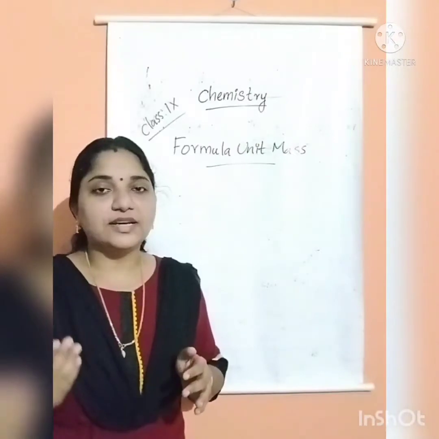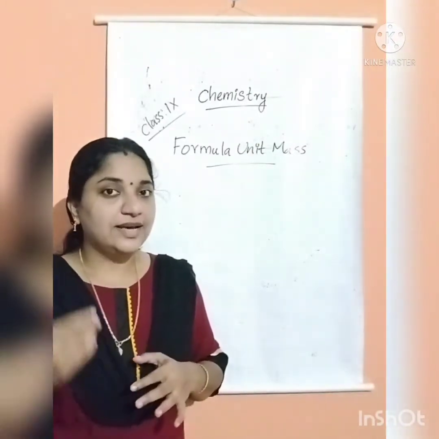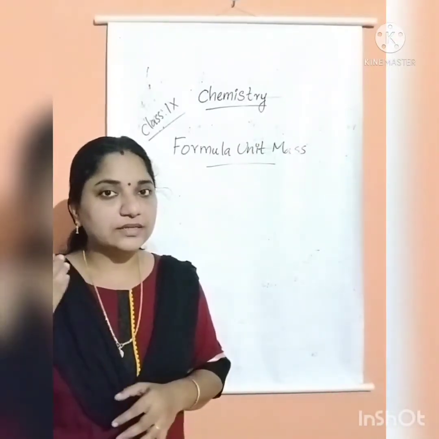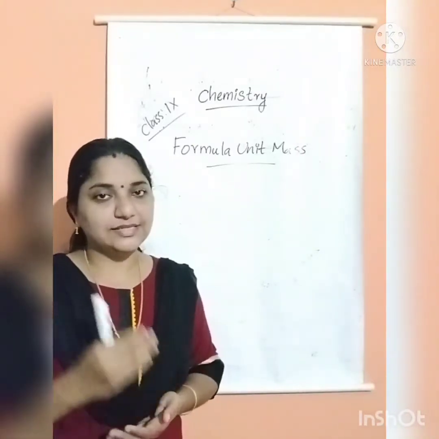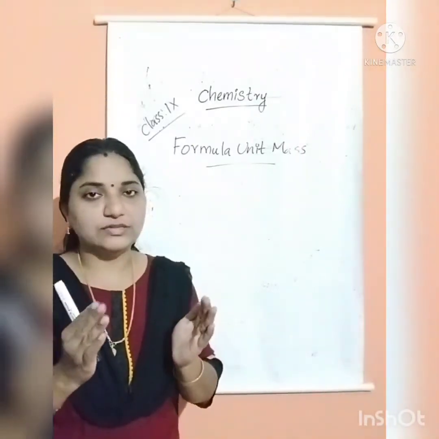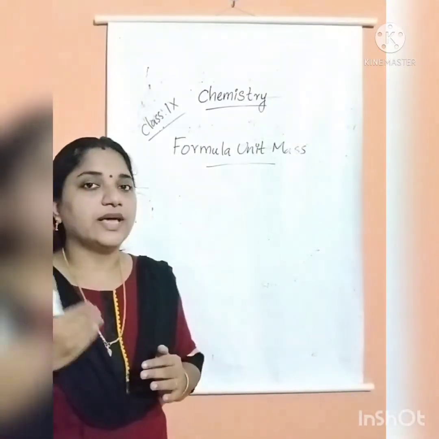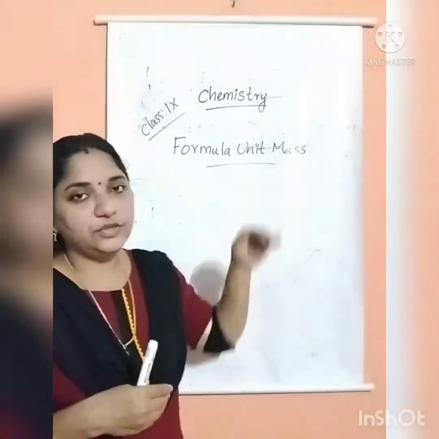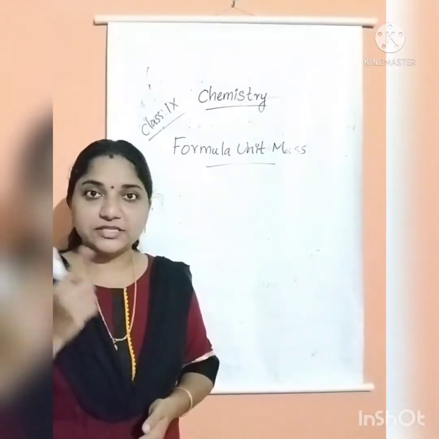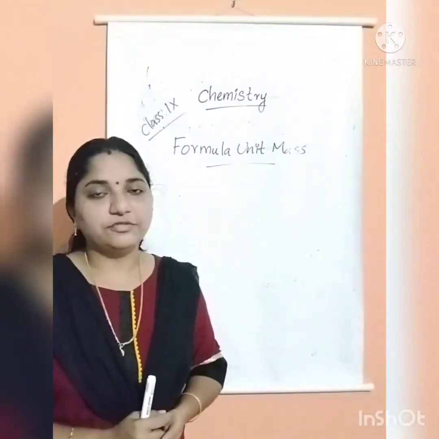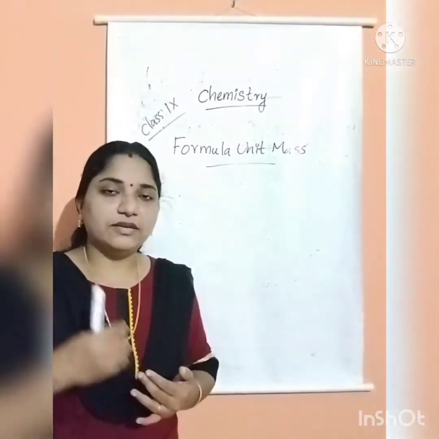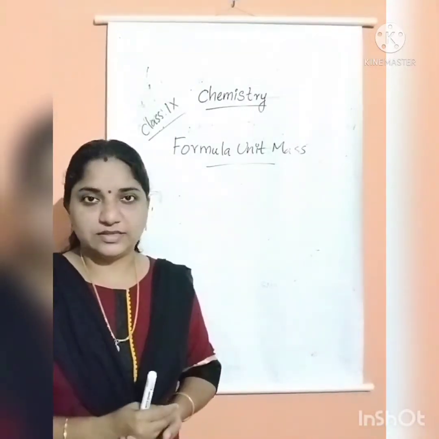Formula unit mass is calculated for compounds whose constituent particles are ions, that is, ionic compounds. That is the difference between molecular mass and formula unit mass. In the same way we can calculate both the masses.